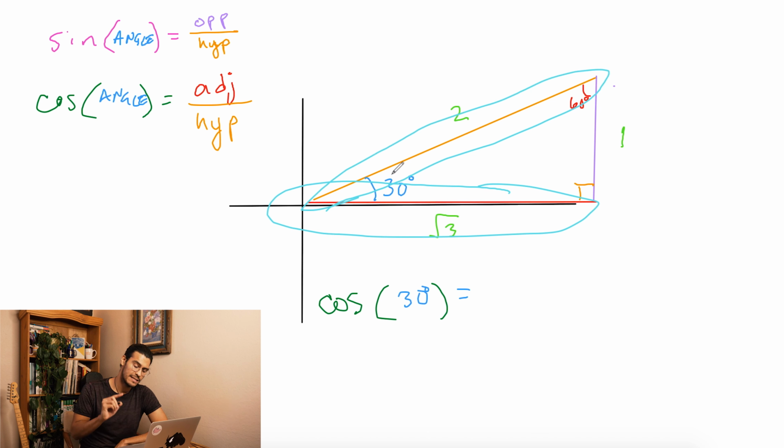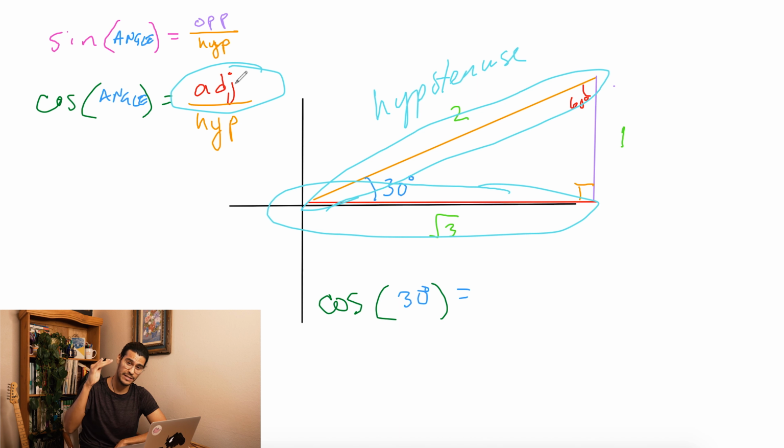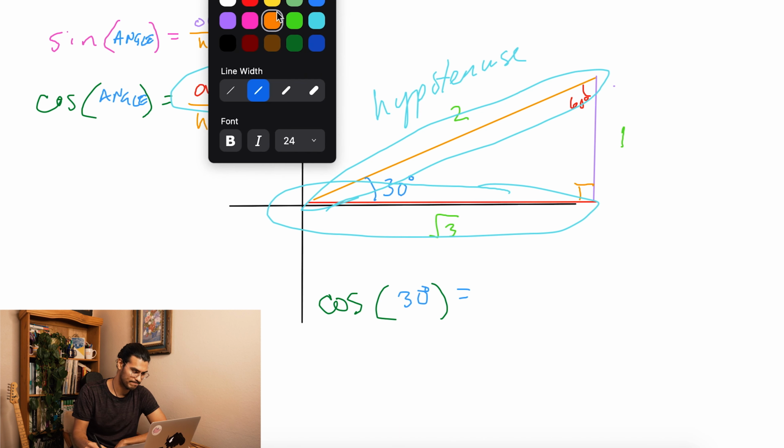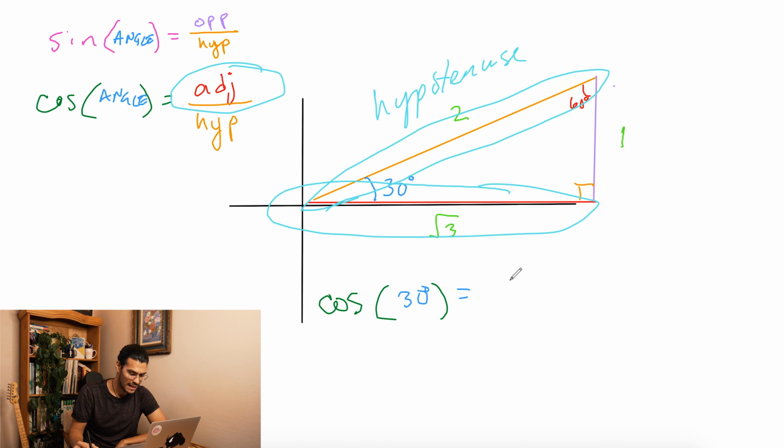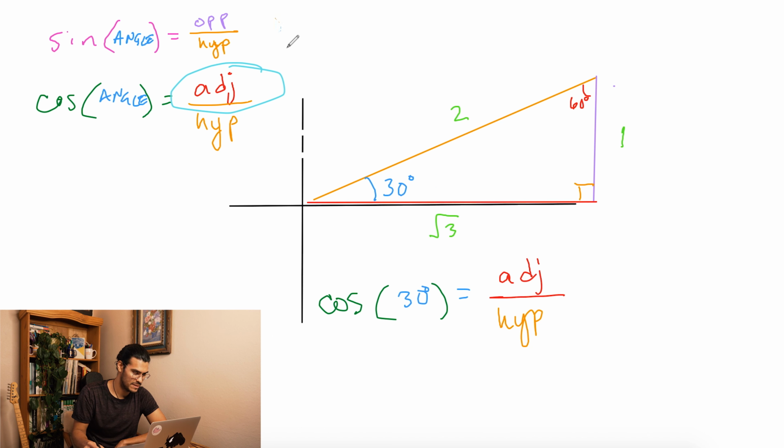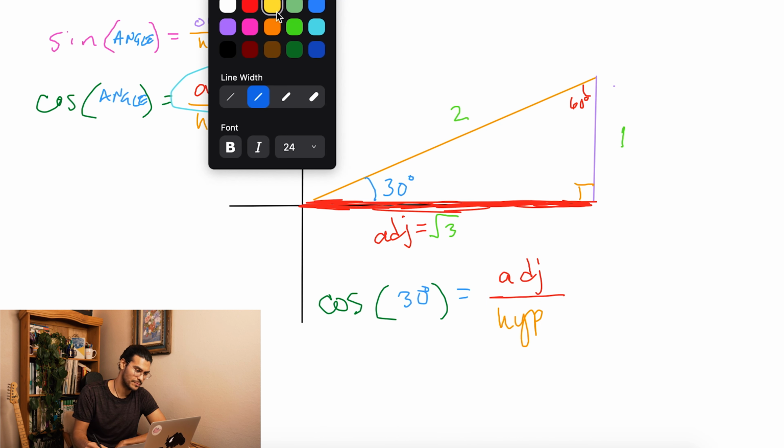One of those sides is the hypotenuse. So when we say adjacent, we are not talking about the hypotenuse. We're talking about the other side that is touching the angle, but that is not the hypotenuse, okay? So adjacent in this case is going to be this side down here. This is adjacent to 30 degrees, but not the hypotenuse.